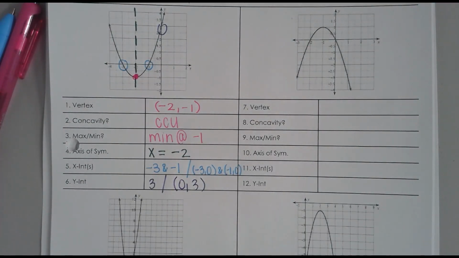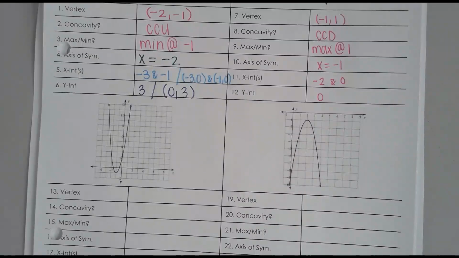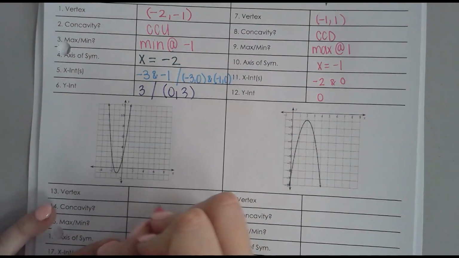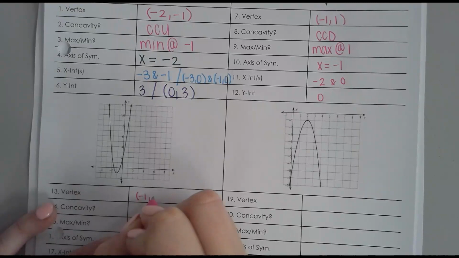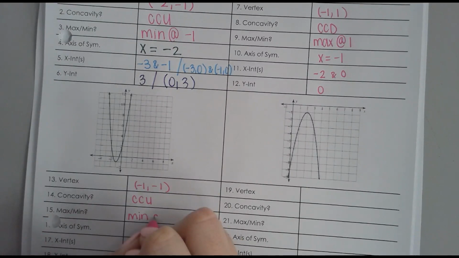I want you to work on questions 7 through 24. So on these, you needed to estimate the x-intercepts. Vertex is at -1, -1. Concave up at -1.